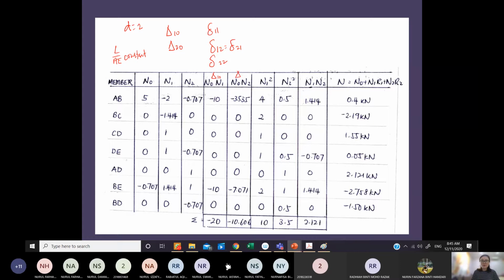So for delta 2 naught, you have to calculate n naught n2. For delta 1 1, you calculate n1 n1. For delta 2 2, you calculate n2 squared. And for delta 1 2, or equal to delta 2 1, you have n1 n2.